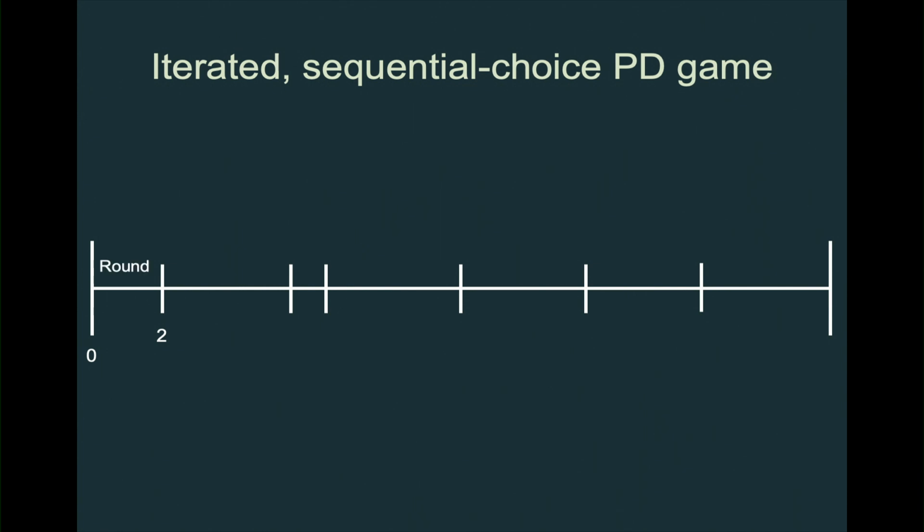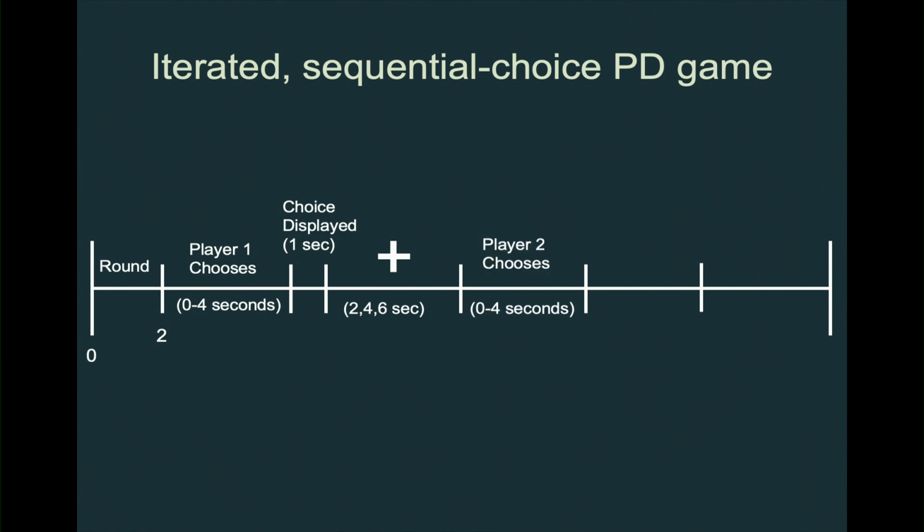So we show the subject the round number. Then player one, or the first mover in the game, chooses to cooperate or defect. That choice is immediately revealed to player two, and then player two chooses, and the outcome is revealed to both players. And we're particularly interested in what the brain is doing during this epoch when the outcome is displayed to both participants.